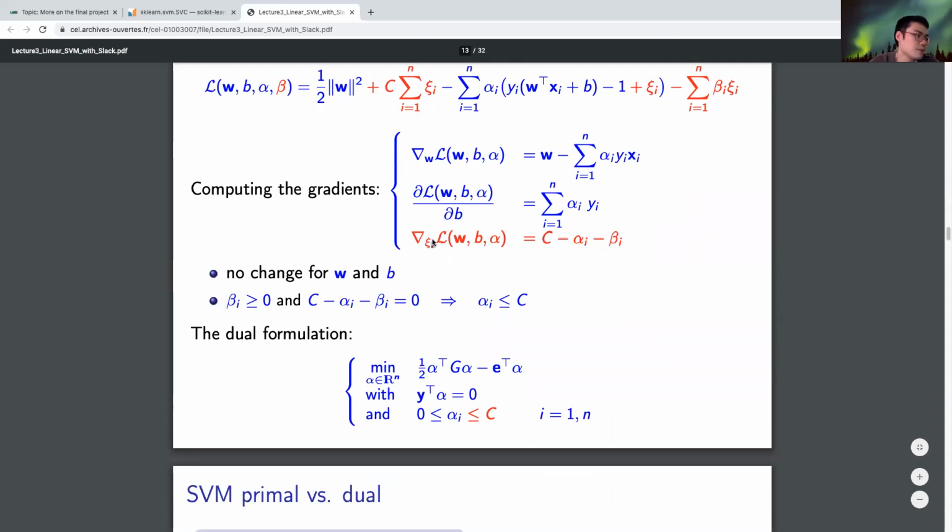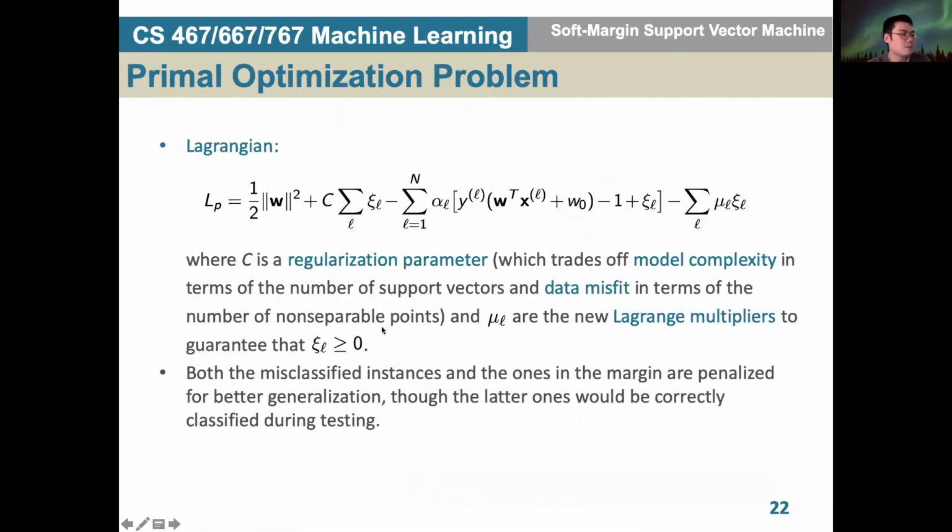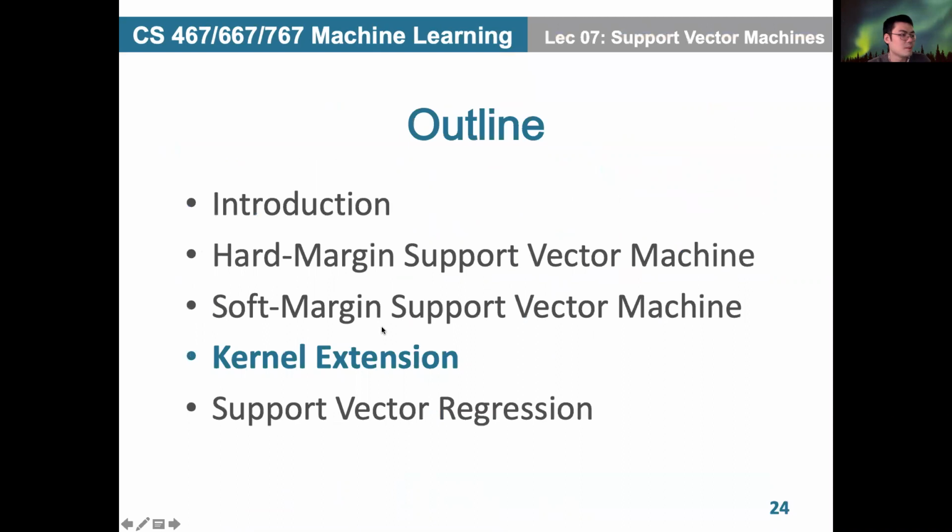Because we have the new slack variable, we have another equation here. There's no change for W and W0. The only difference is this term, and keep in mind this thing is larger than or equal to 0. Why?